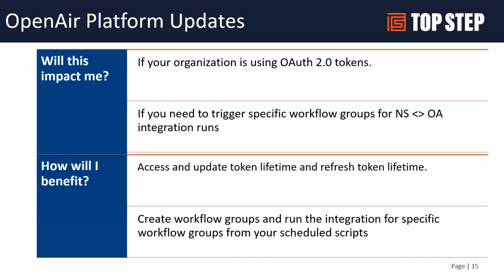With the scripting especially, you can now create workflow groups to run the integration for the specific workflow groups with these scheduled scripts. With these changes to scripting, allowing it to work together with the NetSuite connector, it's a really great enhancement that can change the way the integration works to bring across the data for you.